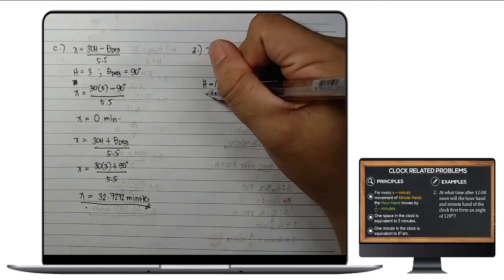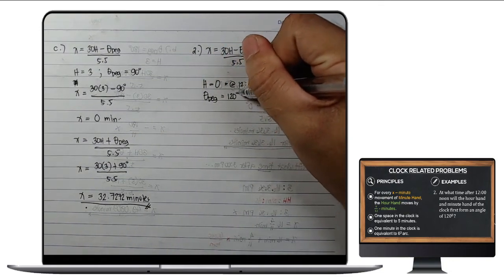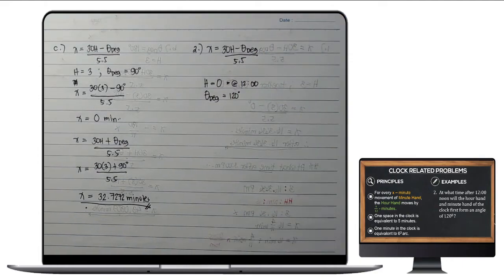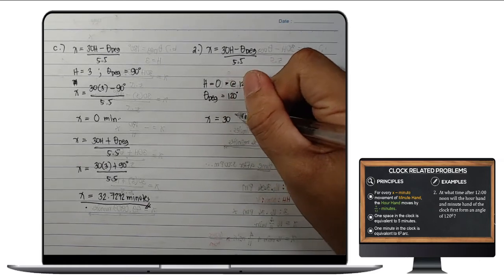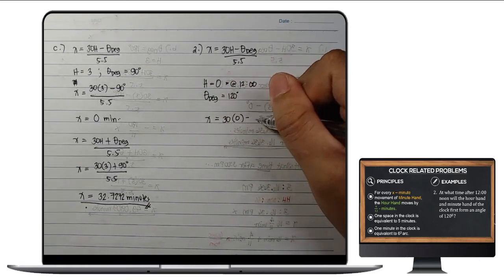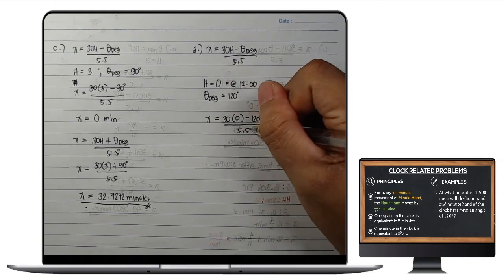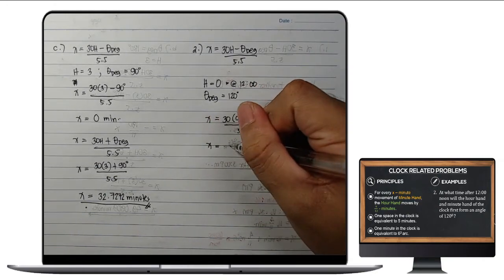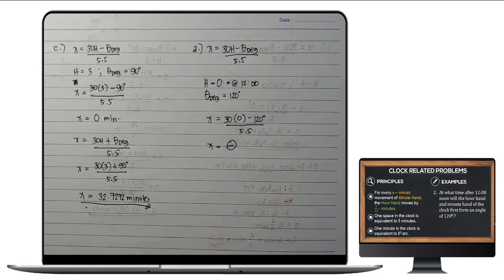So, yung theta natin is equal to 120 degrees. So, substitute lang natin. So, h natin is equal to 30 times 0 minus 120 degrees, divided by 5.5. So, even without solving this one, rest assured, negative yung lalabas. Kasi, 30 times 0 minus 120. So, yung numerator natin, negative na.